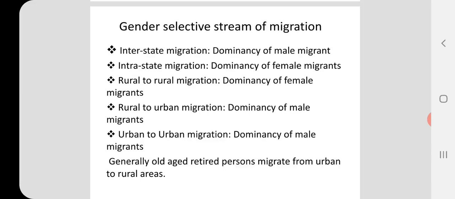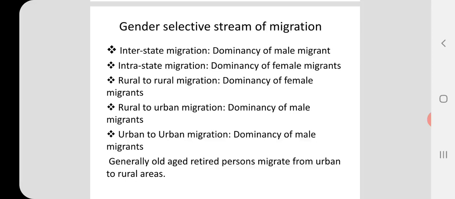As for example, if a man goes from Punjab to Maharashtra, he will be an interstate migrant.